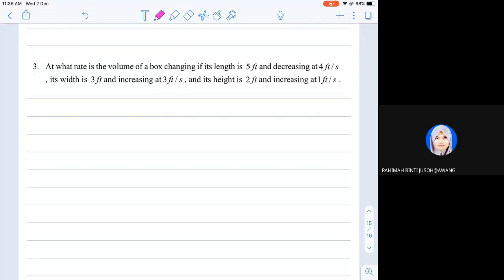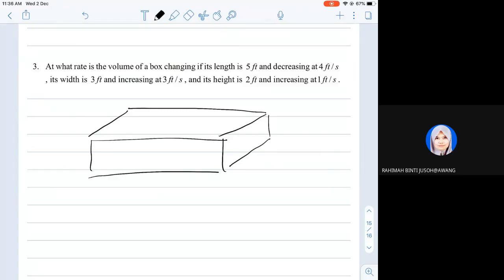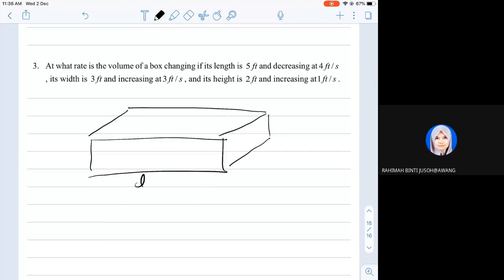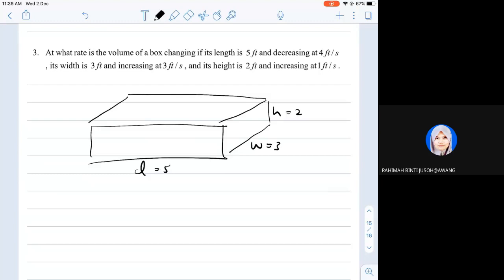Okay, let's see, guys. You have a box. Let's say this is your length, L equals 5. And here is your width, W equals 3. And let's say this is your height equals 2. Okay, the volume of a box is what?